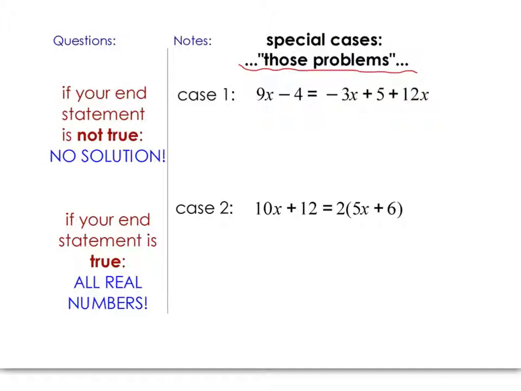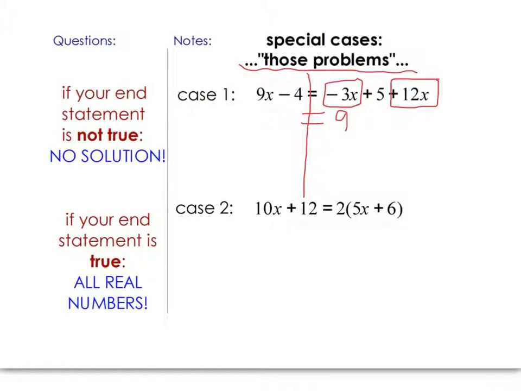My first one says 9x minus 4 equals negative 3x plus 5 plus 12x. Well, if I draw a line down my equal sign, I'm going to combine like terms because I have negative 3x plus 12x on one side of my equal sign. What's negative 3 plus 12?